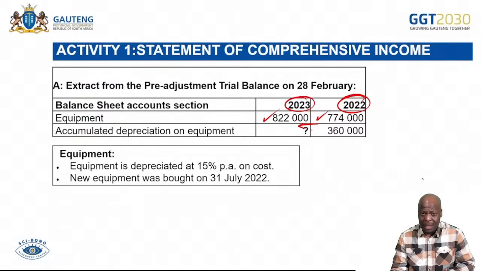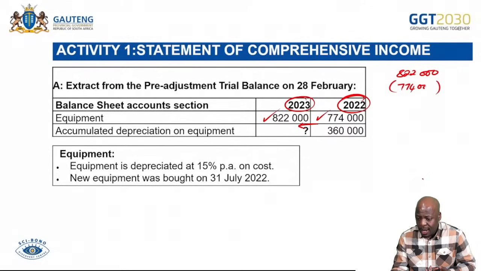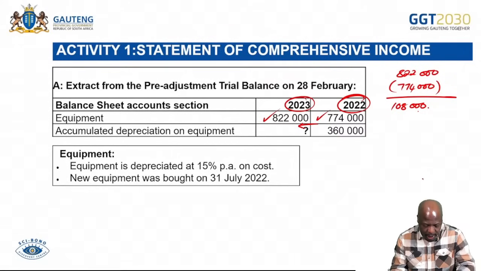So we should be able to get the new equipment added. How do we get that? It is your 822,000. Then I subtract the 774, which I had at the beginning. Therefore, my new equipment which was purchased is, say it again. Okay, it is how much? 48,000.